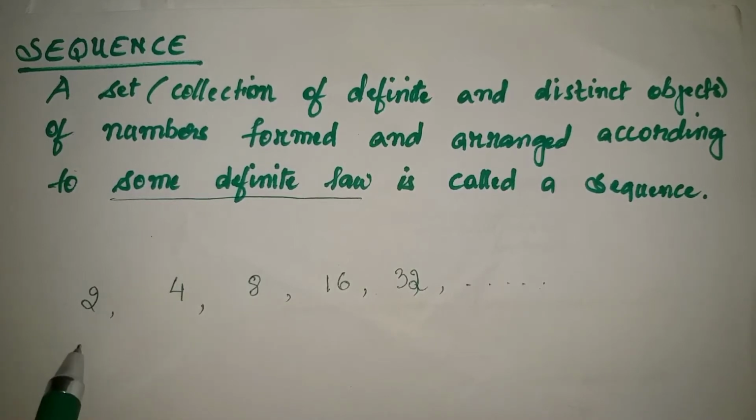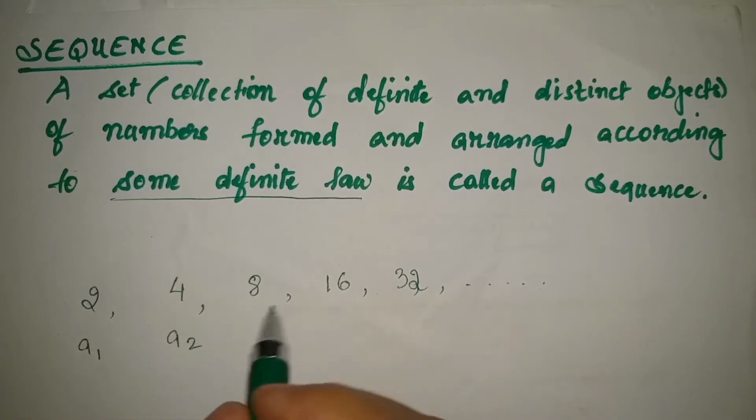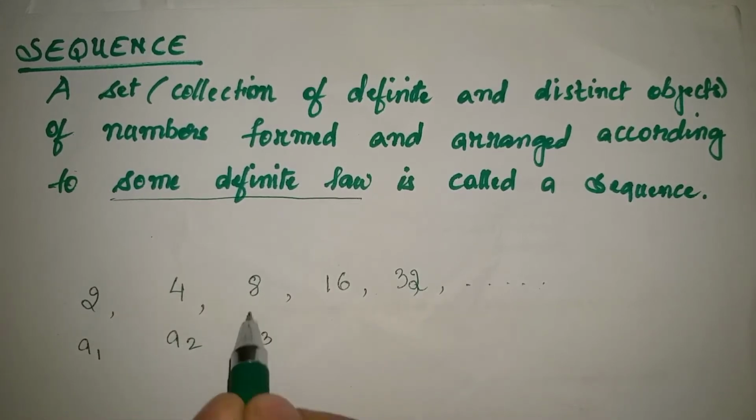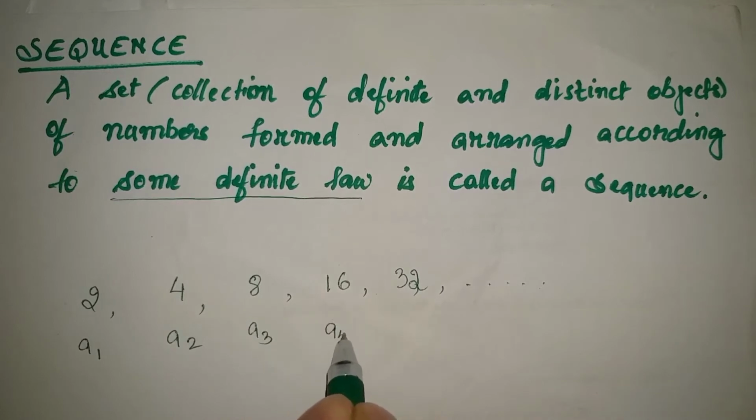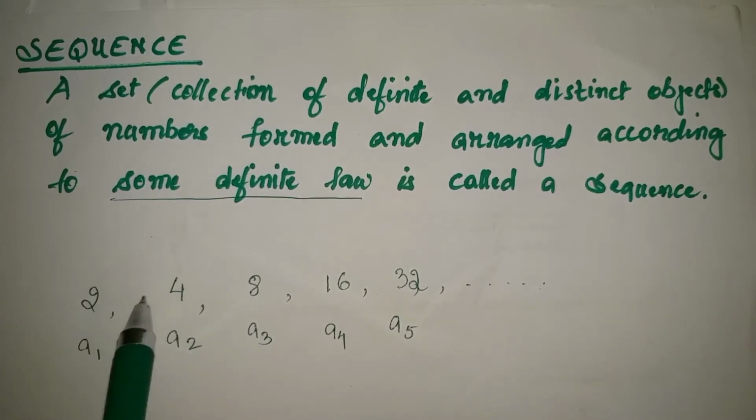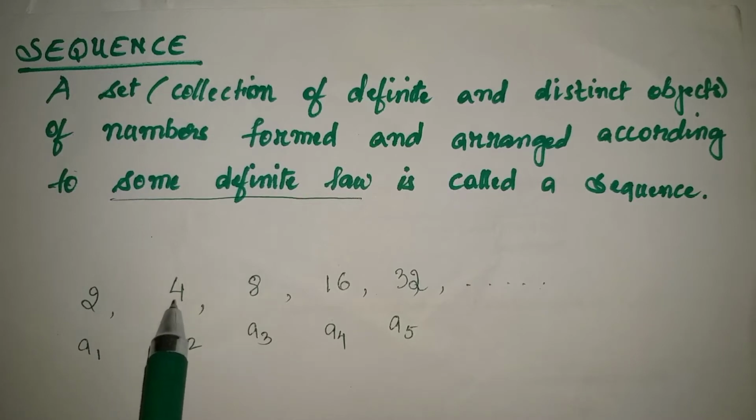Let us denote the first term as a1, a2, a3 for the third term, a4, a5, a6, a7, and so on. So this is my first example of a sequence of numbers.